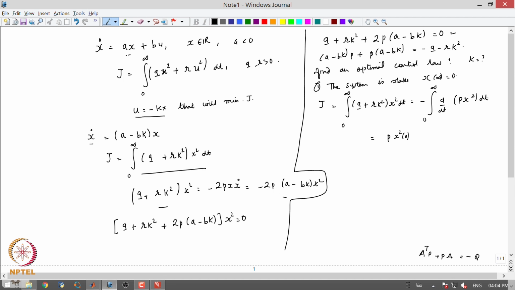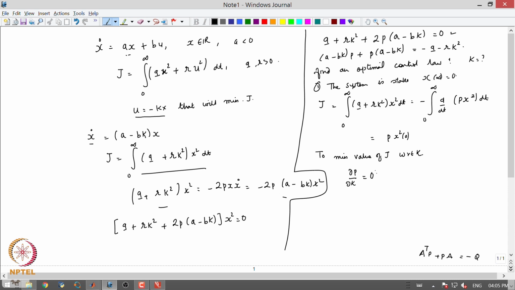Okay. Now, to minimize the value of j given some x0 with respect to k. Okay. So, what are we looking at? We are looking at a solution to the equation in this form: dp by dk equal to 0. Okay.